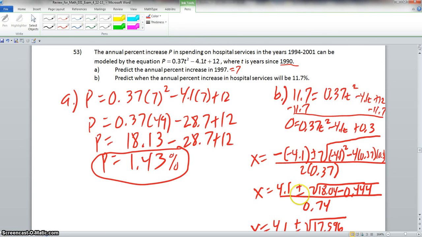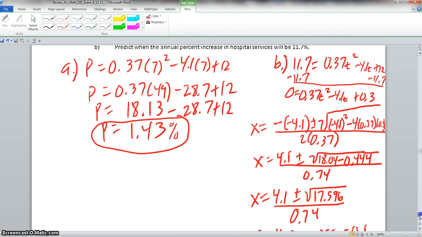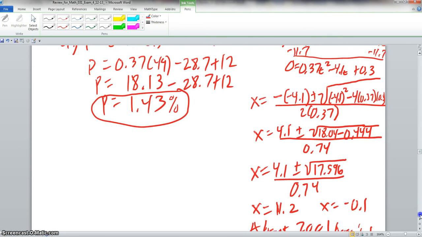And that would give us 4.1 plus or minus the square root of negative 4.1 squared is 16.81 minus 4 times 0.37 and 0.3 will give us 0.44, and 2 times 0.37 is 0.74.